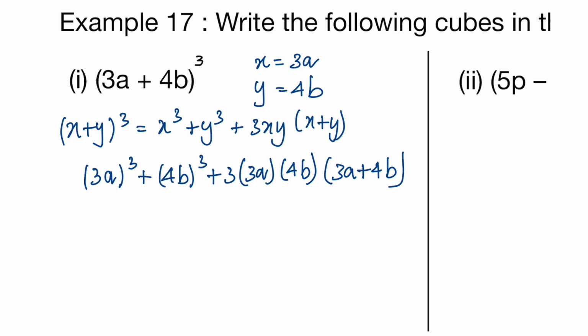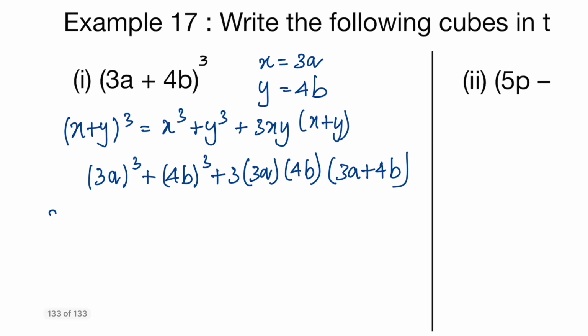Now 3 square is 9 and 3 cube is 27. So 27a cube. 3 times 3 is 9, 9 times 3 is 27. So 27a cube plus 4 cube. 4 times 4 is 16 and 16 times 4 is 64.